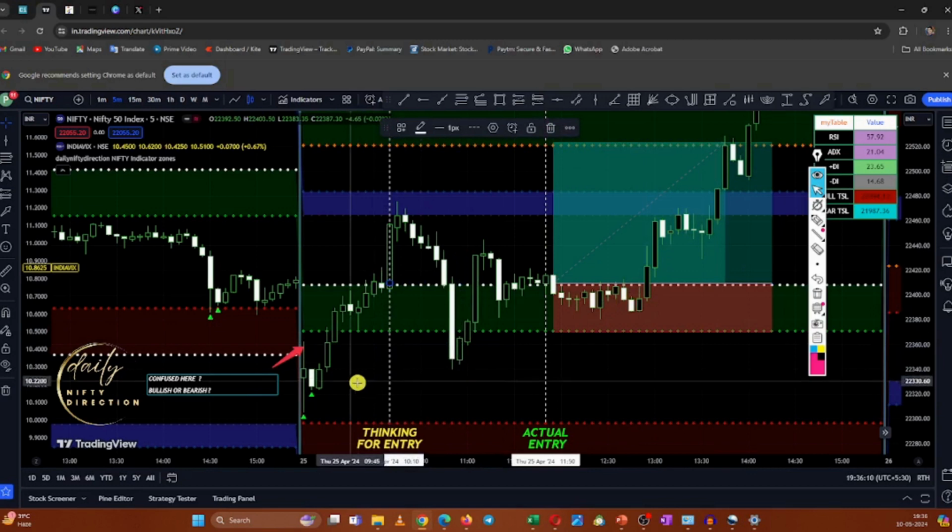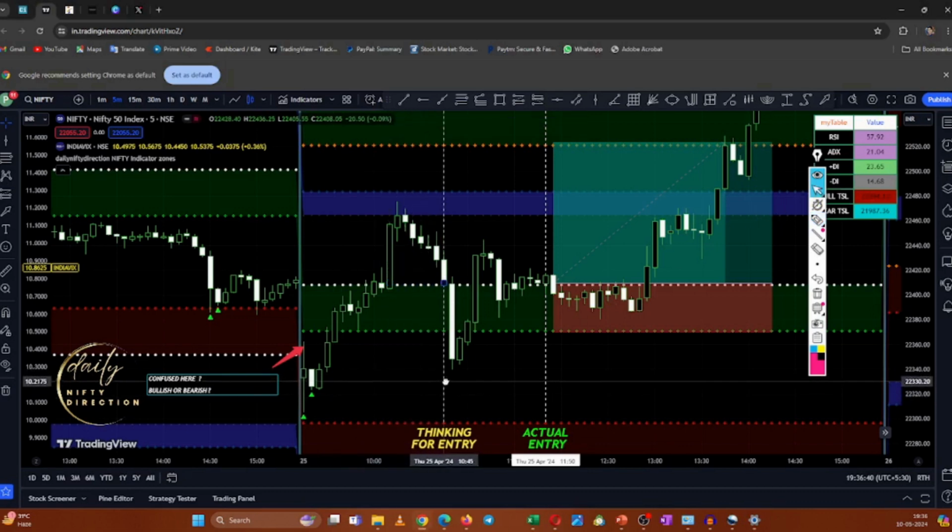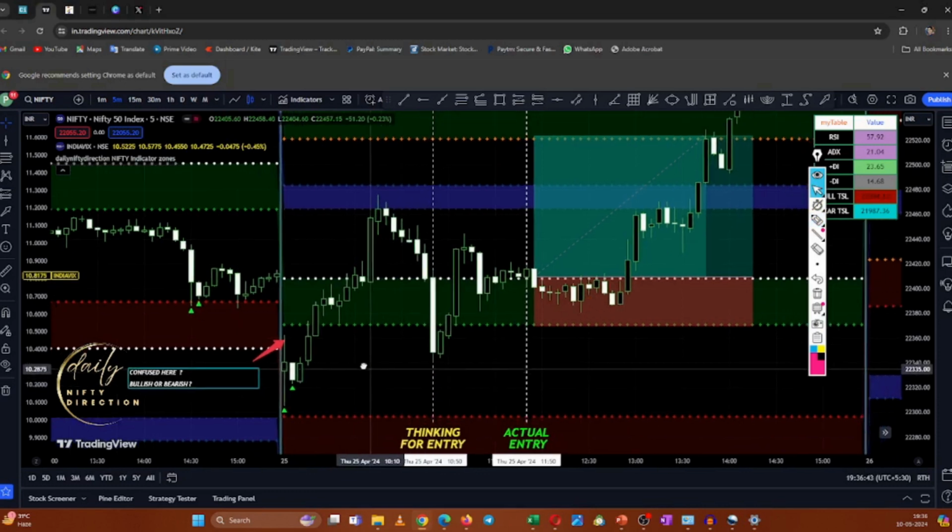You keep shifting your thinking for entry. Here you got bullish, but you waited for it to come near my zone and then break out, but this scenario became invalid when this candle closed with such a big volume. Then you shifted your thinking for entry here.